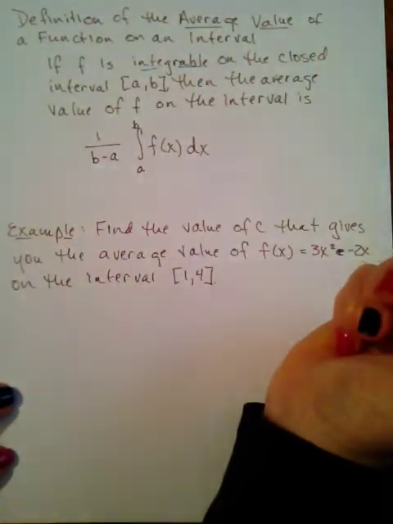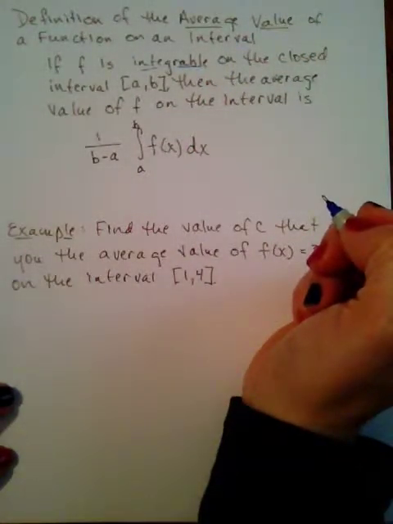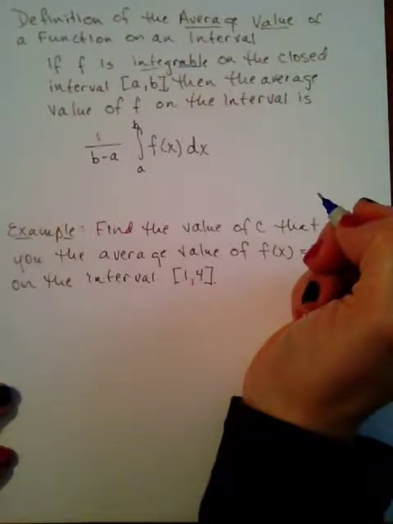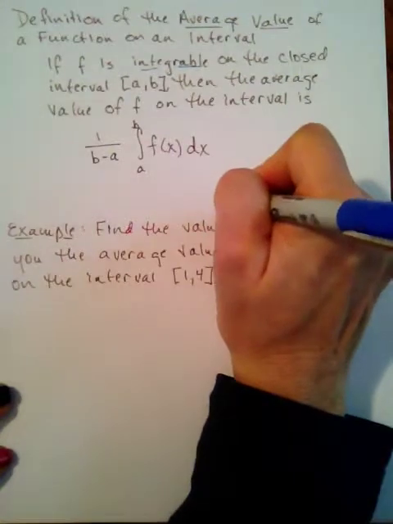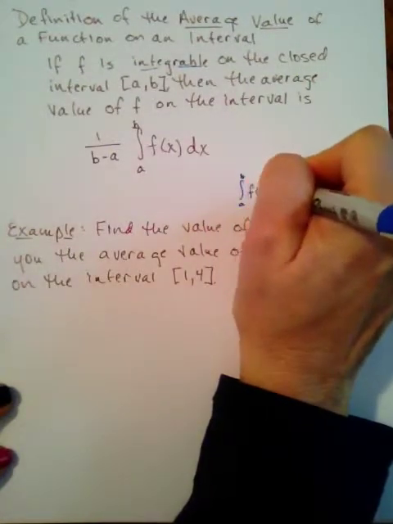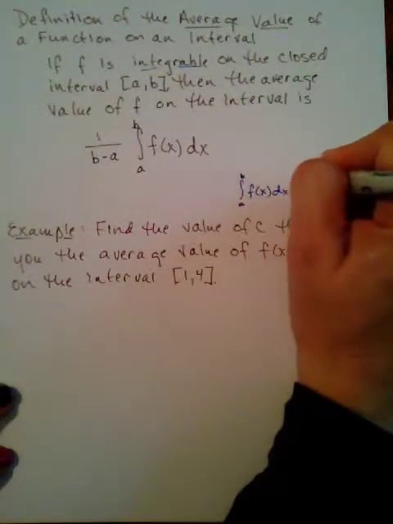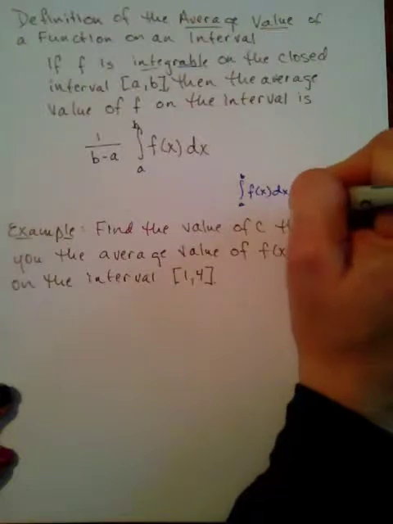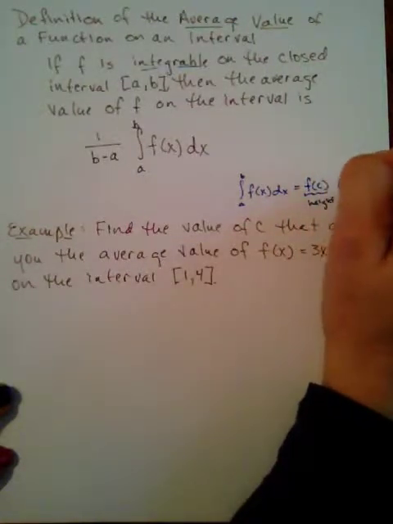Well, just really quick, what the mean value theorem said was that if f is continuous on the closed interval from a to b, then there exists a number c in the closed interval such that the integral from a to b of f of x dx, that's the area, equals f of c, this would be a height, times b minus a.